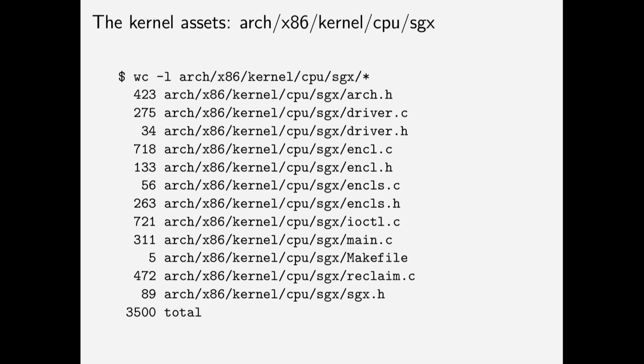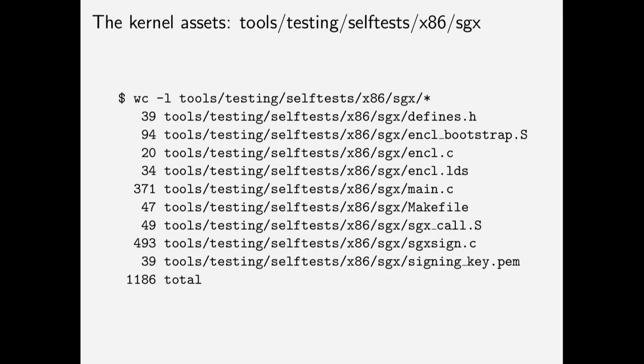So that is done to provide the rollback protection. And also the self-test is quite large because it contains, for example, a custom signing tool for creating the signature for the enclave.